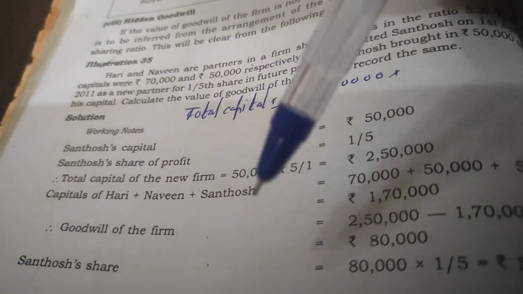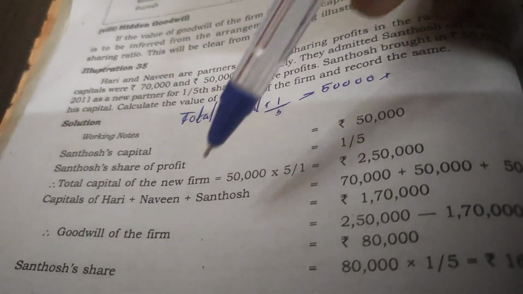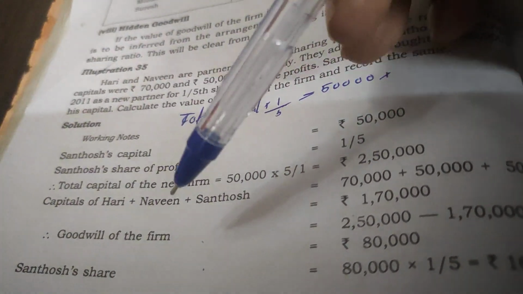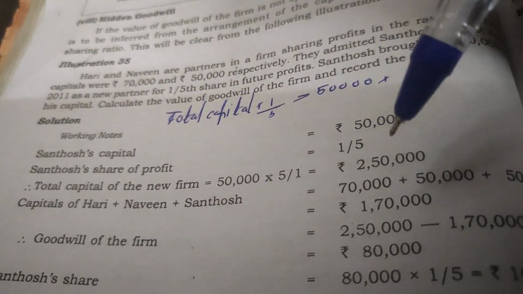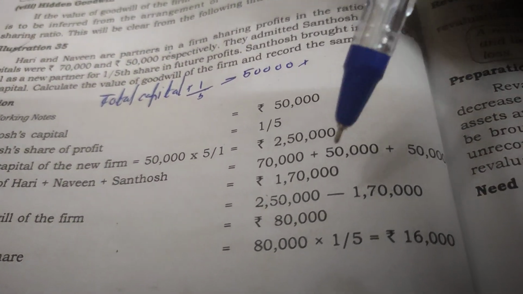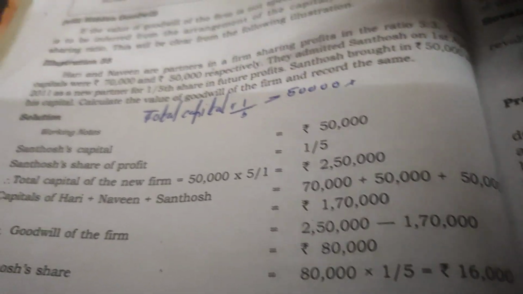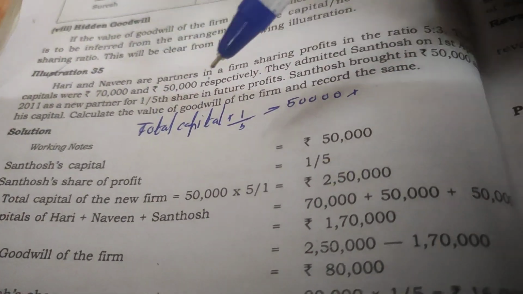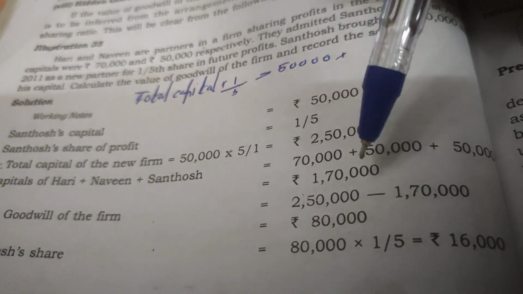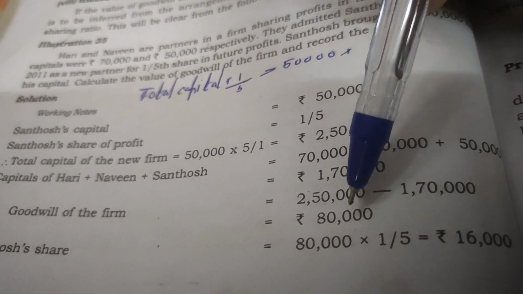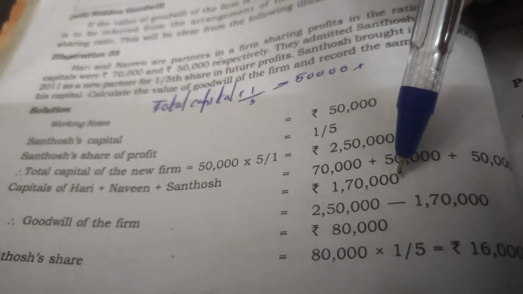Then we have to add the total capital of Hari, Naveen and Santosh. That capital is given in the question, that is 70,000, 50,000 and 50,000 respectively. By adding these, we get 1,70,000.